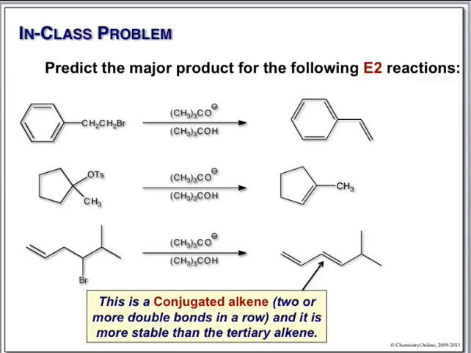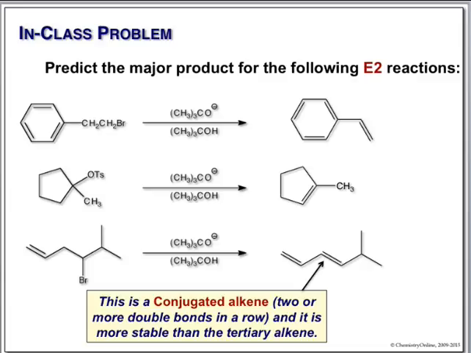Actually, however, instead of forming the most highly substituted, this is like an anti-Zaitsev product because we're forming a conjugated system. Now, we don't quite know what a conjugated system is yet. I believe that's covered in chapter 12, which we do next semester.